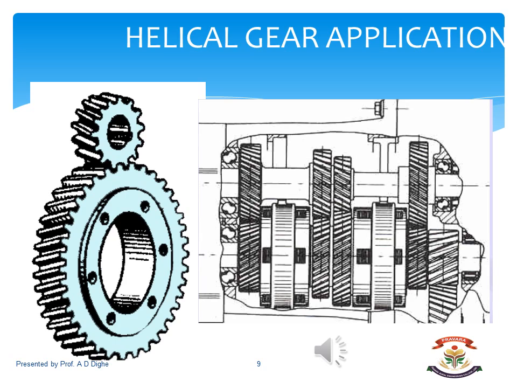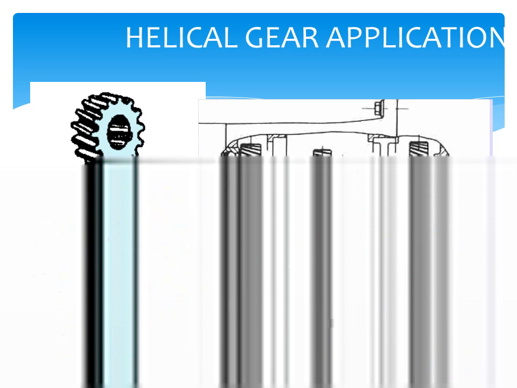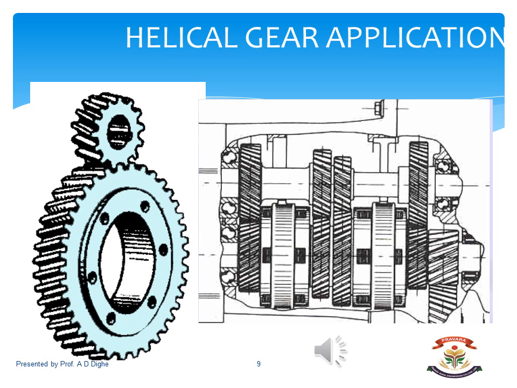The second gear is a helical gear. So what is the application of helical gear? Now in this particular slide, the constant mesh gearbox is shown. In the constant mesh gearbox, the gears are engaged constantly, and by moving the dog clutch, we can shift the gear.